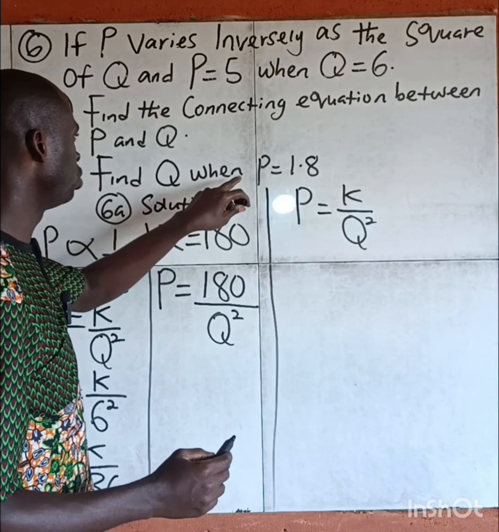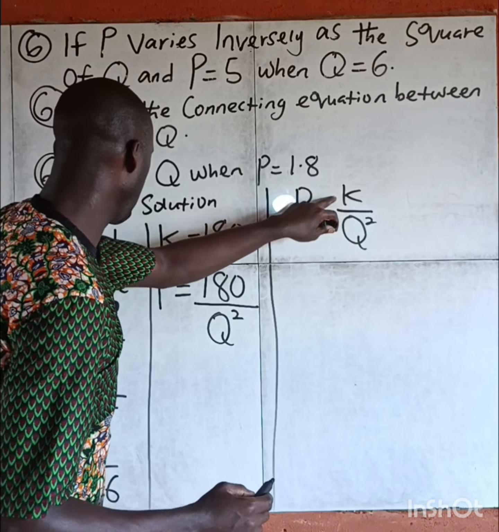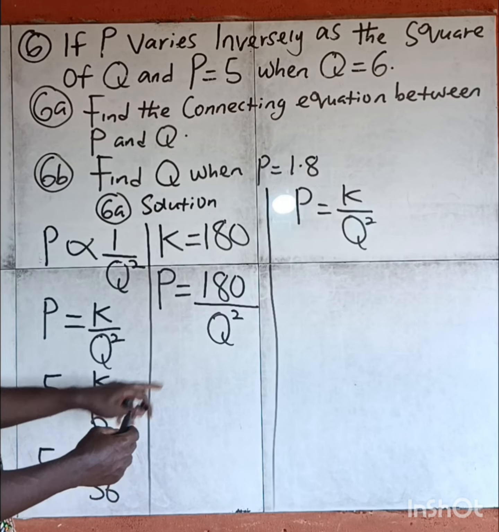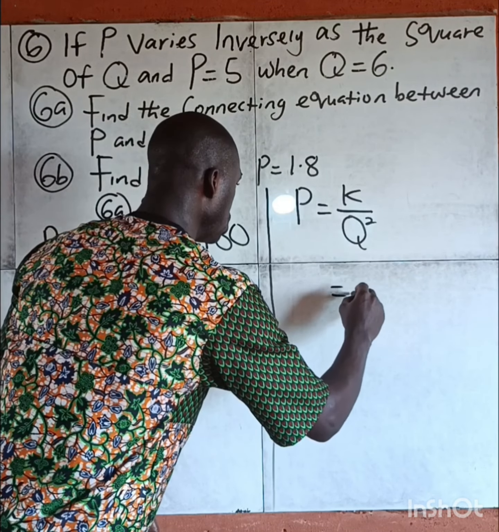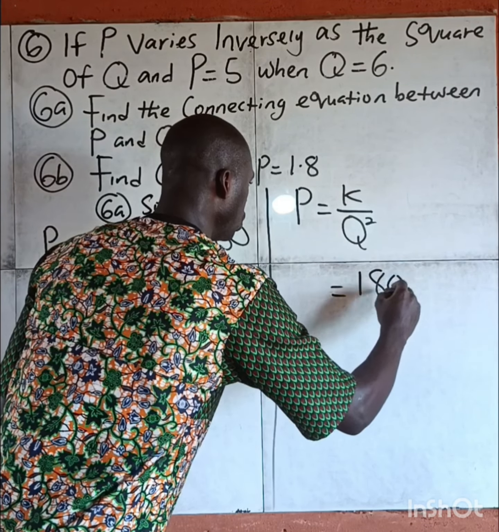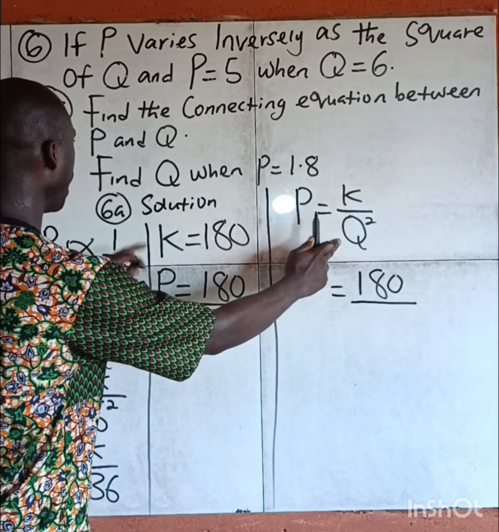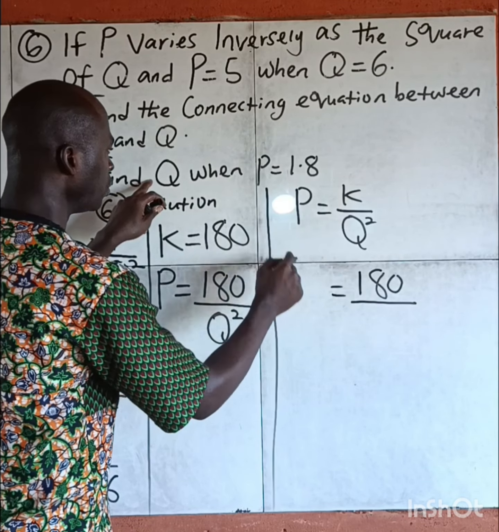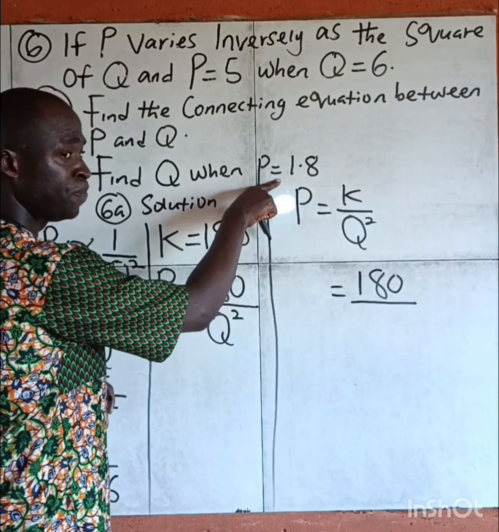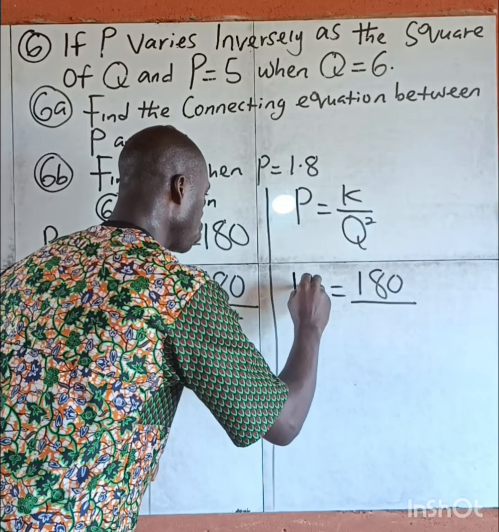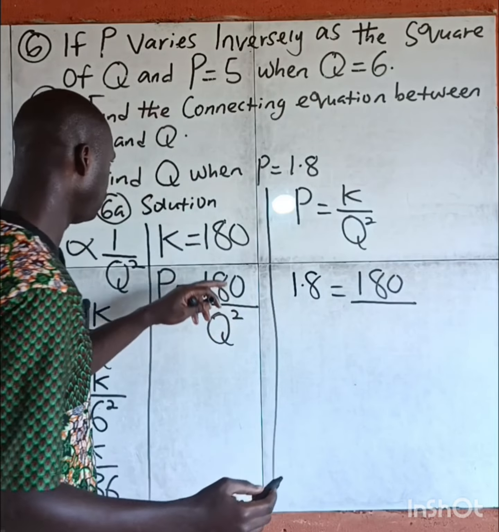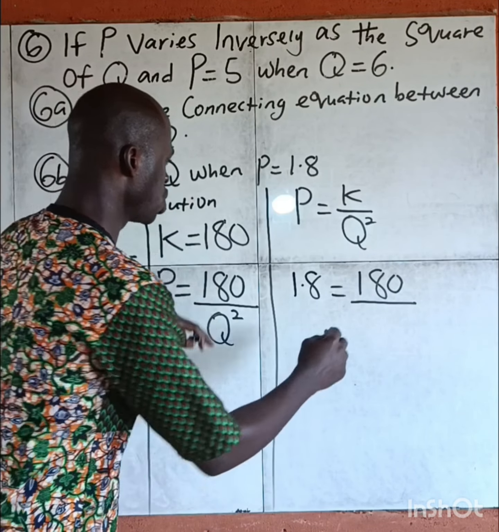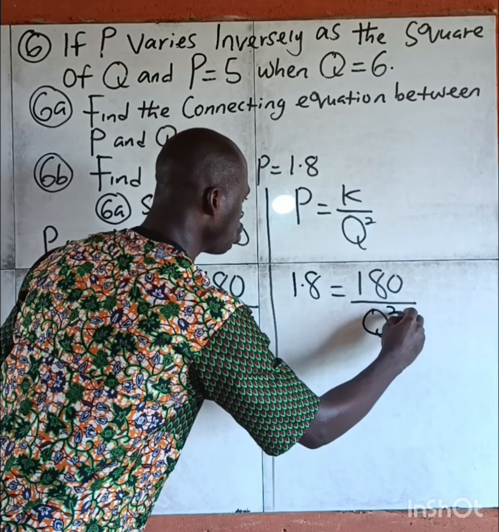No, they didn't give us Q. Do we have a K? Yes, we did have a K. The K is 180. So I'll say 180 over. Do we have P? Yes, P is 1.8. So here becomes 1.8 over Q squared, since they didn't give us Q.